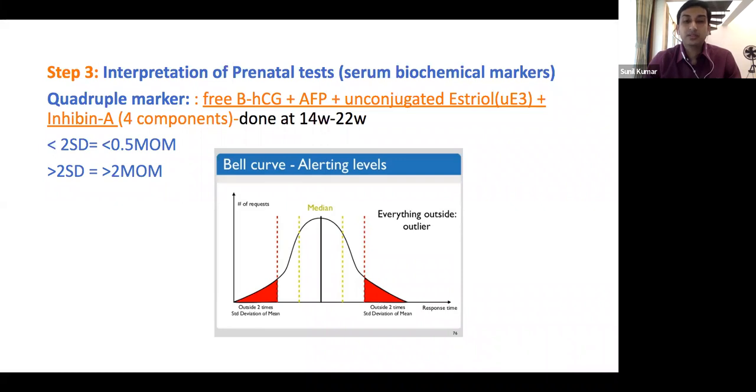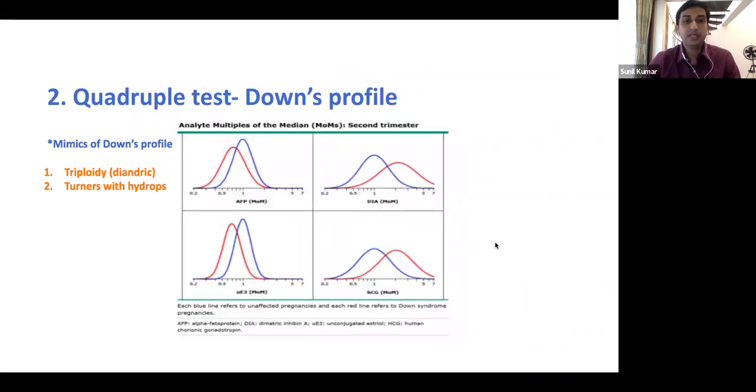So if the value of any biochemical marker is less than 0.5 MOM or more than 2 MOM, that means it is an abnormal value. Let us see this example of a Down's profile report of a quadruple test. This blue curve indicates a normal individual, normal pregnancy, of an AFP. This is the AFP value. This is dimeric inhibin A. This is unconjugated estriol, and this graph represents the HCG.